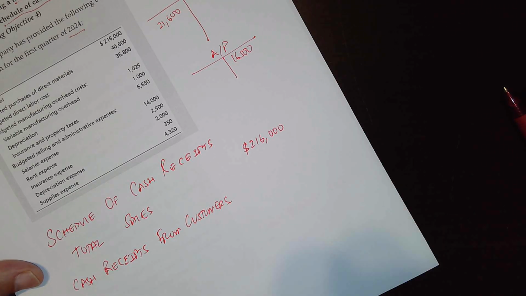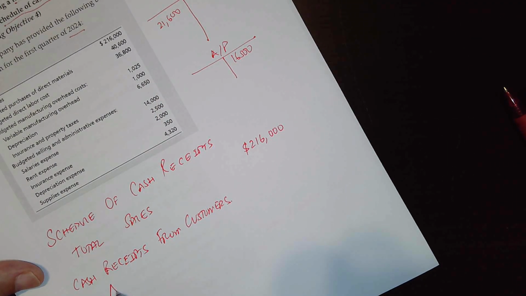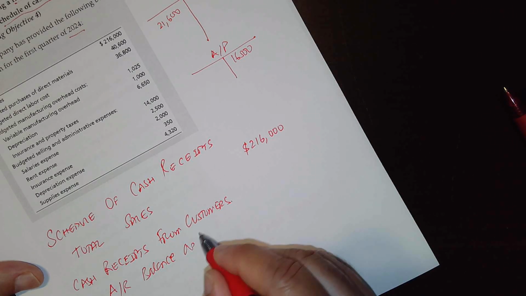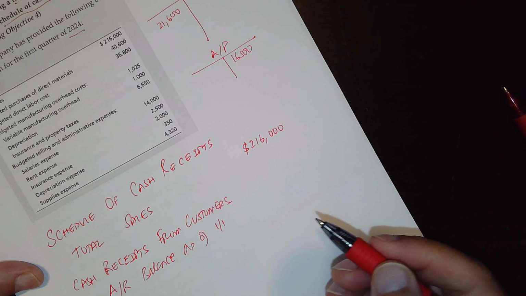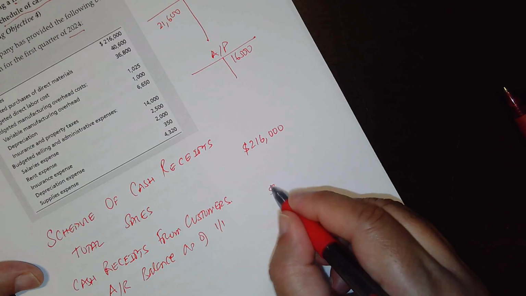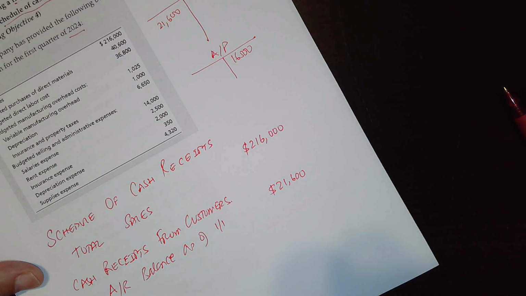First thing we have is the accounts receivable balance, which is 21,600. So the accounts receivable balance at the beginning of the quarter, as of 1/1, because we are talking about the first quarter, is 21,600.